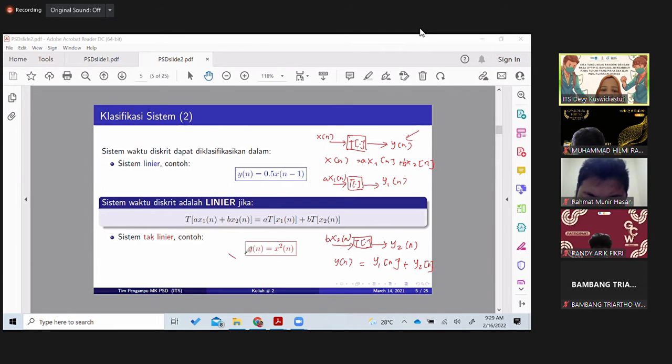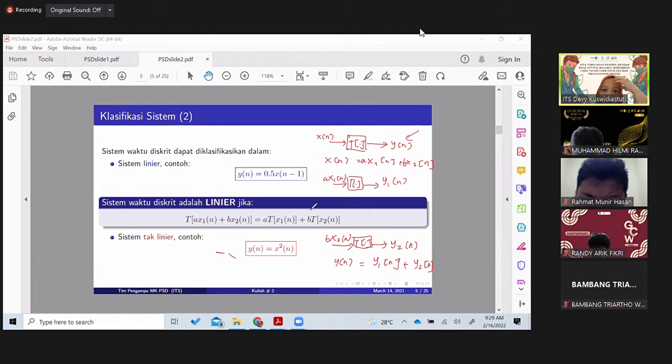And for the second example here, it is definitely a nonlinear system, because you can see that this is a quadratic equation, yn equals x squared n, x to the power of 2 n. So it is definitely not a linear system.